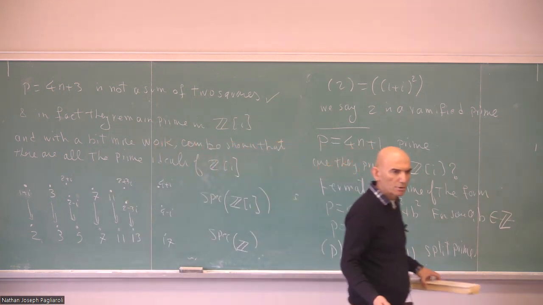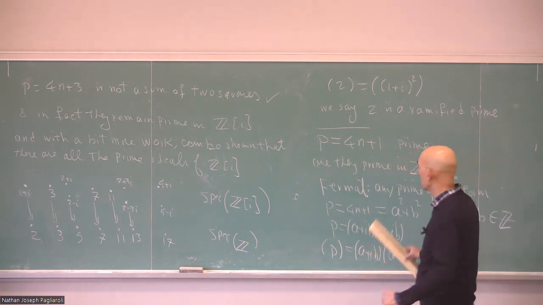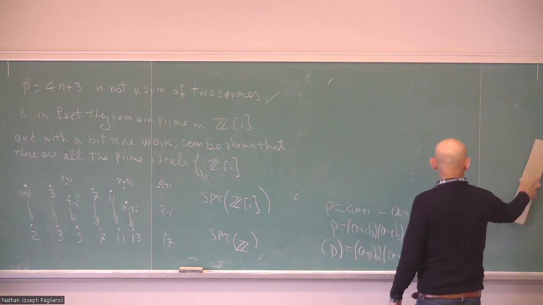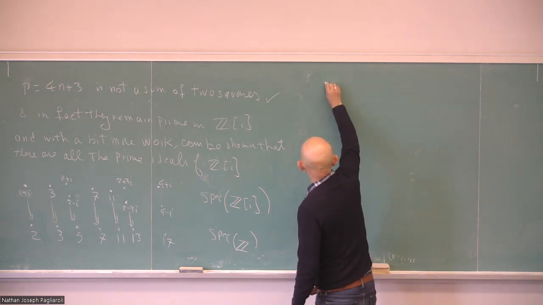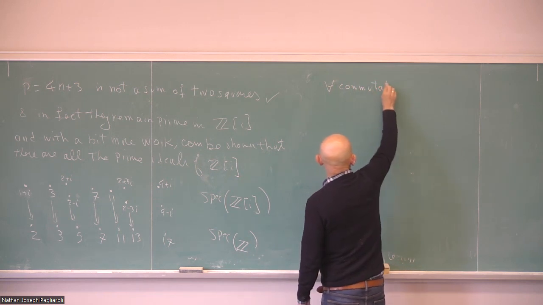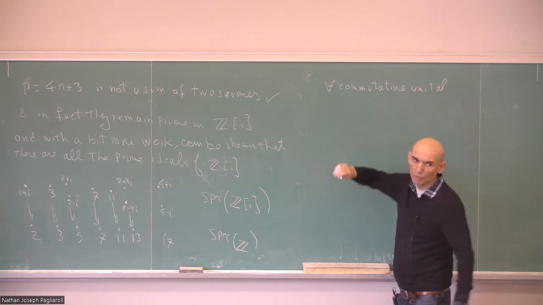As you know, it is all the prime ideals of a ring. If you have any commutative unital ring, I mean, it has a unit.